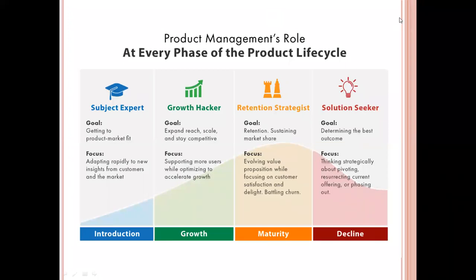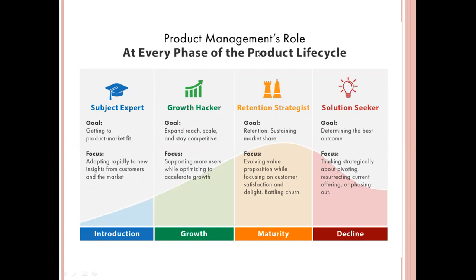Basically, if a particular product has reached the decline stage, you should determine the best outcome. So the main goal is to determine the best outcome, and your focus is to think strategically about pivoting, resurrecting the current offering, or phasing out also.